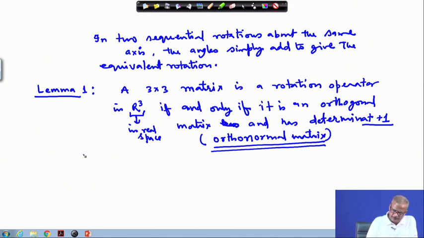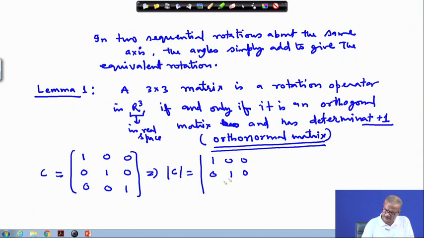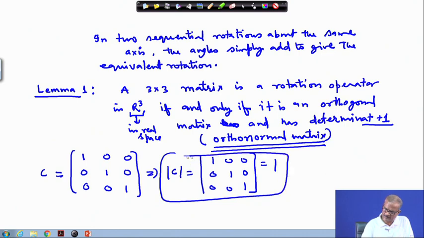So, if you have an orthonormal matrix, say 1 1 1, this is your rotation matrix, let us assume. So, what will be its determinant? 1 0 0, 0 1 0, 0 0 1. So, this is equal to 1. Okay, so the determinant of this matrix is 1.